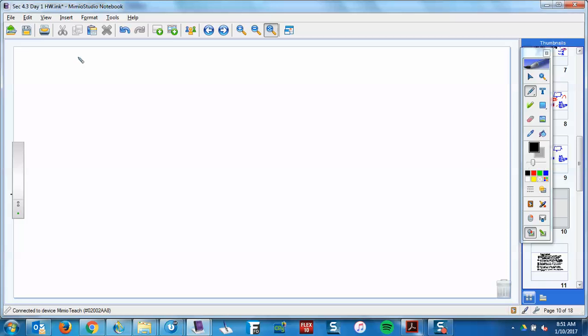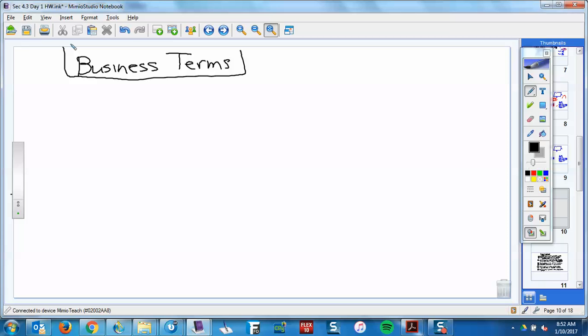Okay, so some business terms you're going to need to know. You might want to put these in your notes or circle them in the packet. This is just some pages I've copied out of another book.